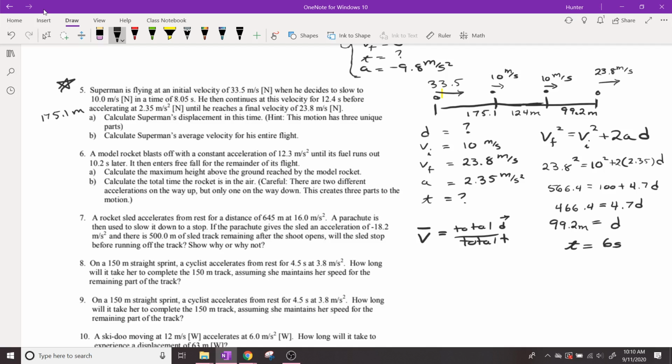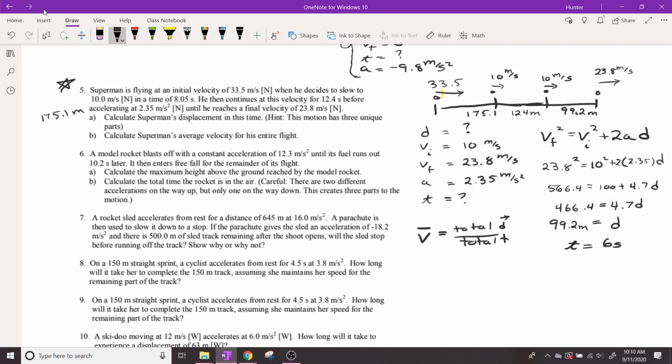You could also make a velocity argument, since you know that it's going from 10 to 23.8. You can count by tick marks every second: you're going to gain 2.35 meters per second. So you can just count by 2.35s until you get there. That's another way to do it, but most people are just okay with VF equals VI plus AT. Either way will work just fine.